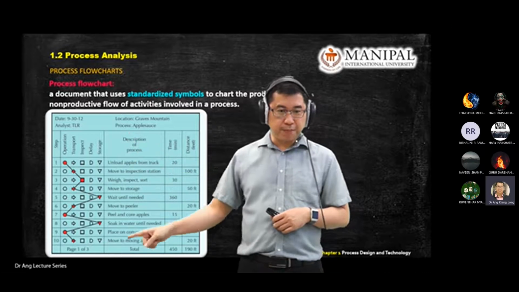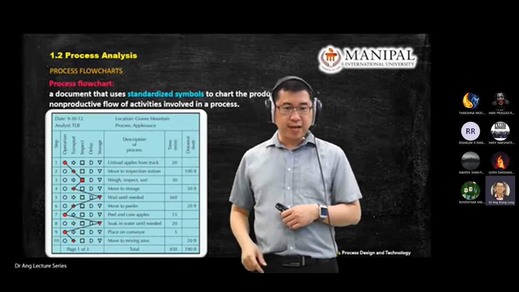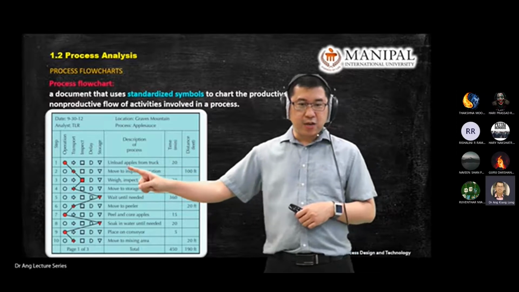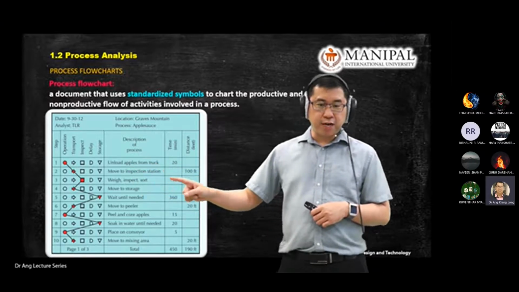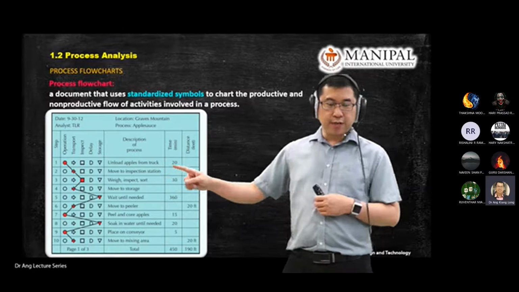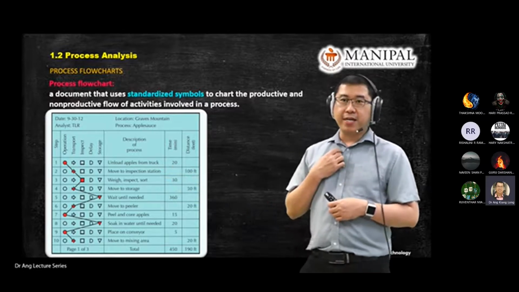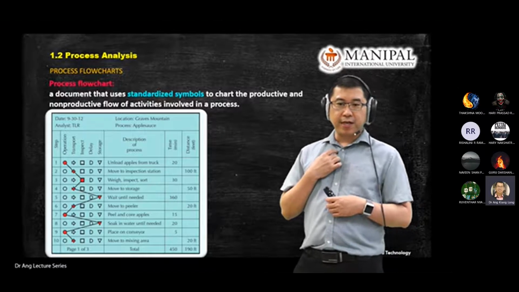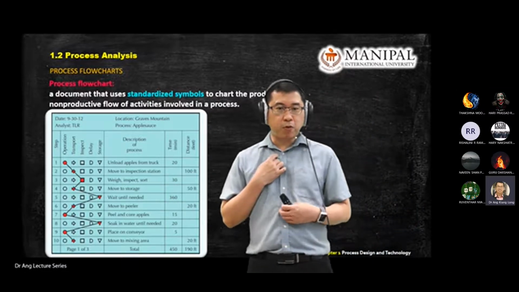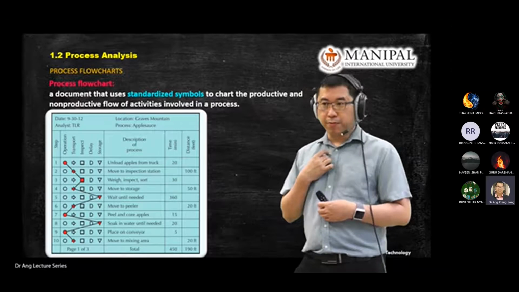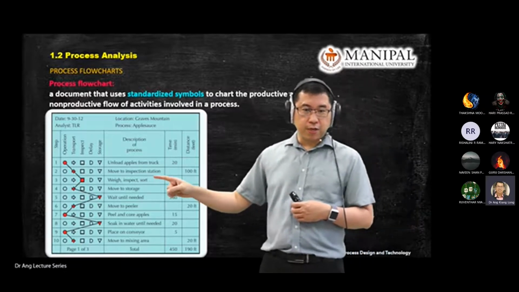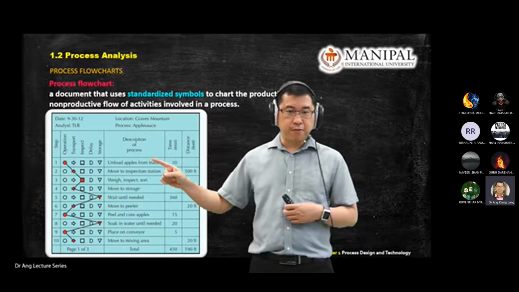Using the same template, you mark the red color for the first process, and you write unload apple from truck. As the robot reaches the production floor, the robot will pour the apple from the automated truck. So you write, unload apple from truck.